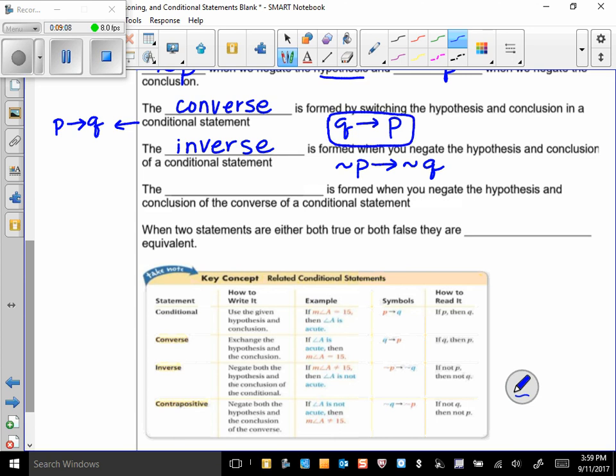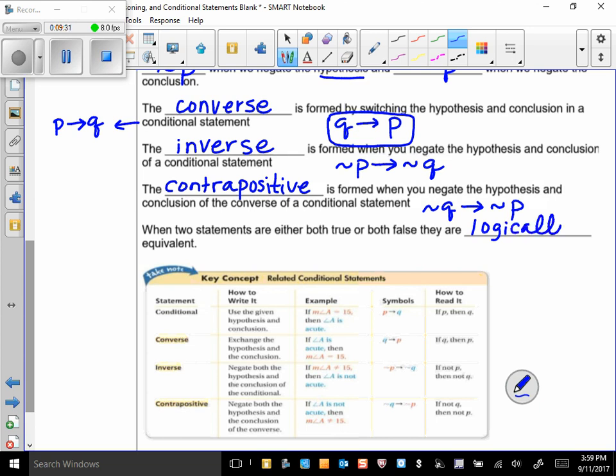If I negate that, I'm going to have if not Q, then not P, and that's called the contrapositive. When two statements are either both true or both false, they are called logically equivalent.